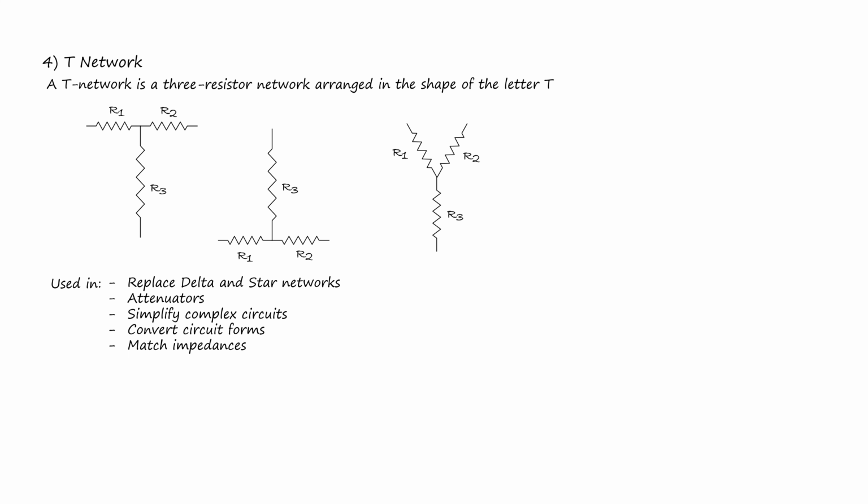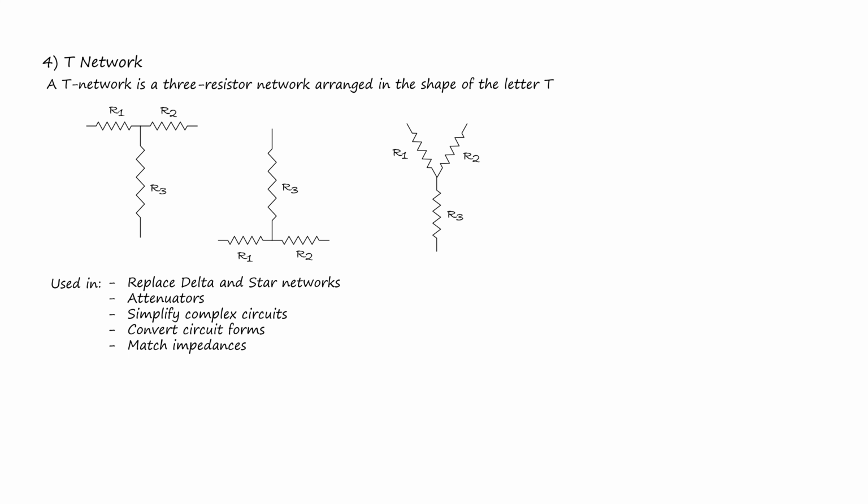An attenuator is a circuit that reduces signal strength, for example, in an audio volume control circuit. And impedance matching is a technique or method used to match two circuits' impedance. In this case, power transfers efficiently.